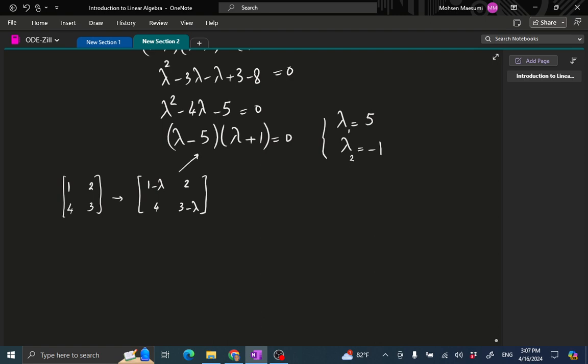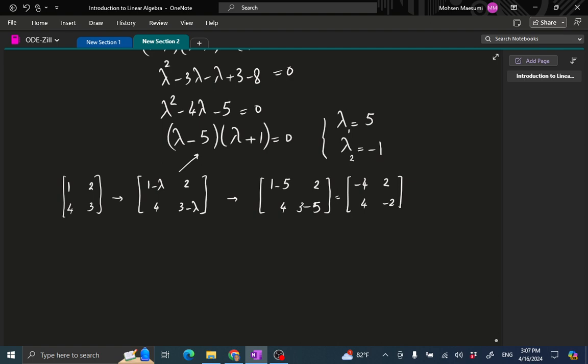So this is the root. Now I take one of these roots, like 5, and put it here: 1 minus 5, 2, 4, 3 minus 5. Let's simplify. It becomes minus 4, 2, 4, minus 2.